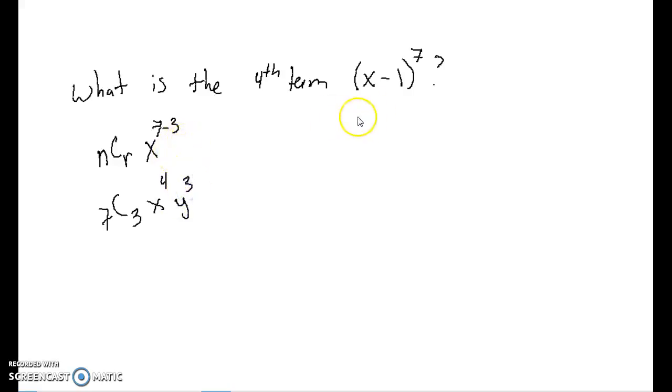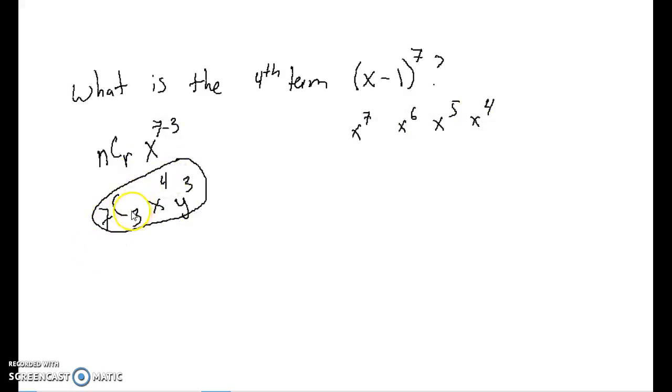Because if it was our fourth term, x to the power of 7 would be our first term, x to the power of 6 would be our second term, 5 our third term, and so power of 4. So this is our binomial coefficient.